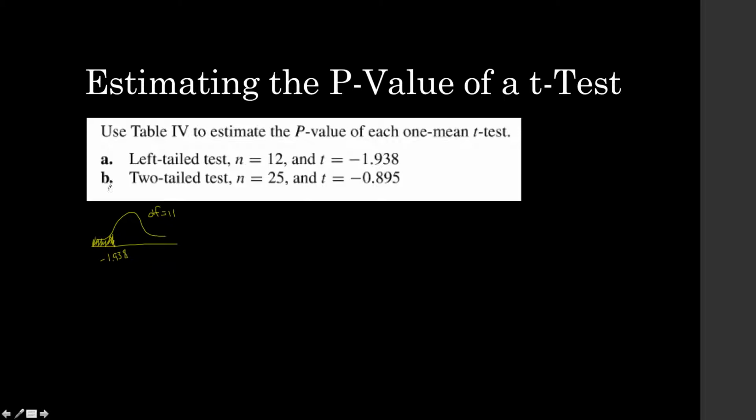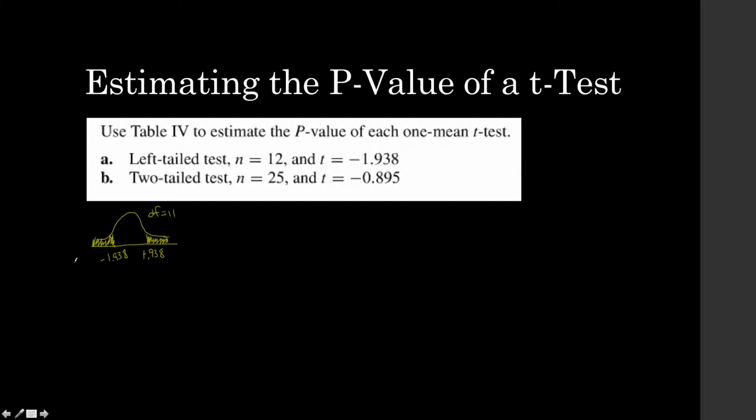Since this graph is symmetric, if we find the area to the right of 1.938, it will be equal to the area to the left of negative 1.938. So take your degrees of freedom, 11, go down to row 11, and find 1.938.